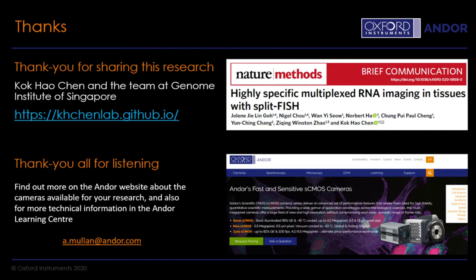And the reagents are actually very similar to standard RNA FISH reagents, so you can probably make them yourselves. I hope that answers your question.